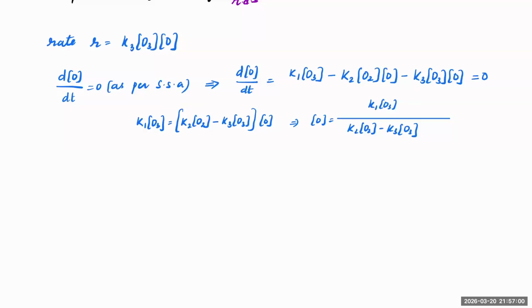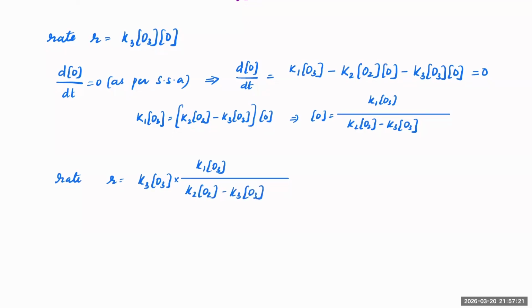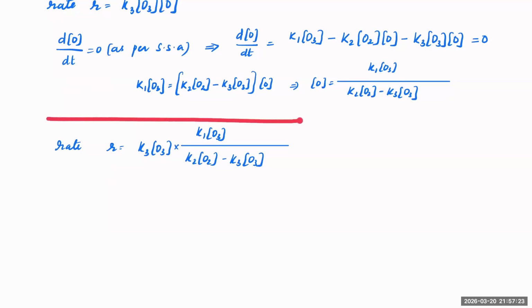Let me put this back into this equation. So from here I can write the rate law expression R is equal to K3 into O3 multiplied by K1 into O3 divided by K2 into O2 minus K3 into O3. This is the actual rate law expression. Got it? Now, here we need to approximate a bit. Notice something.